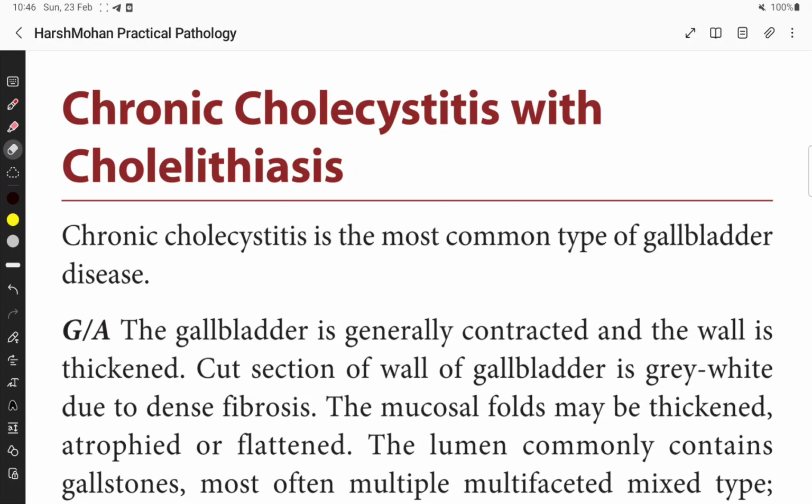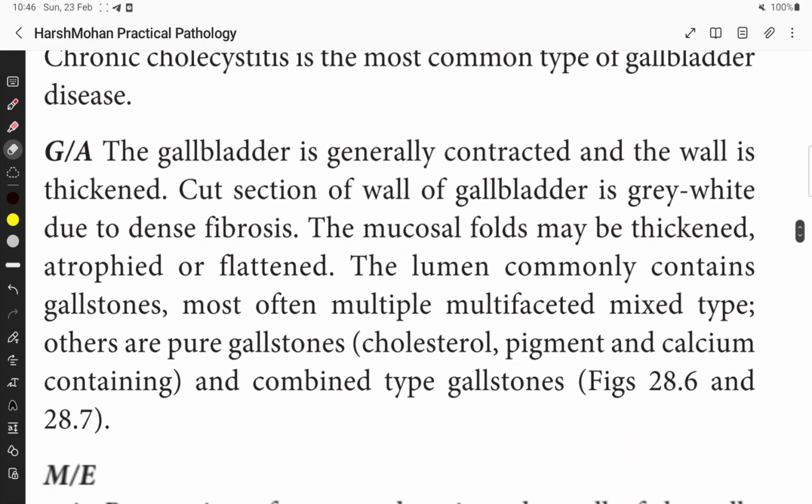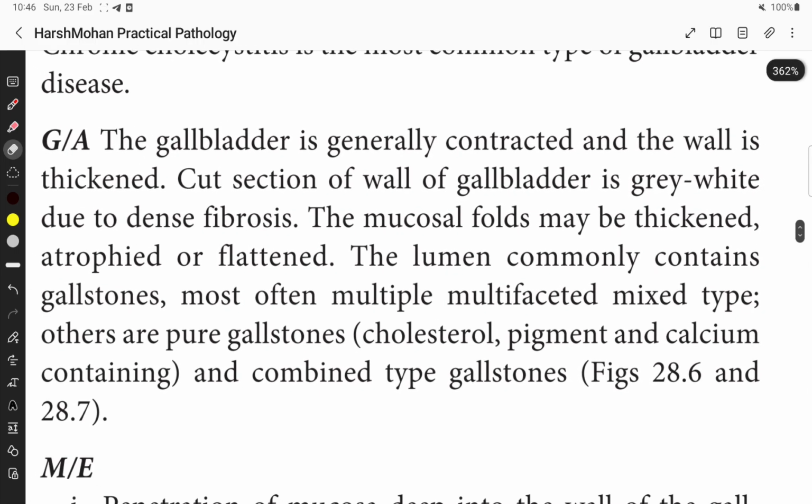Chronic cholecystitis with cholelithiasis. Chronic cholecystitis is the most common type of gallbladder disease. Gross appearance: the gallbladder is generally contracted and the wall is thickened.